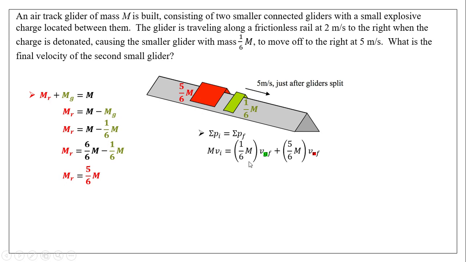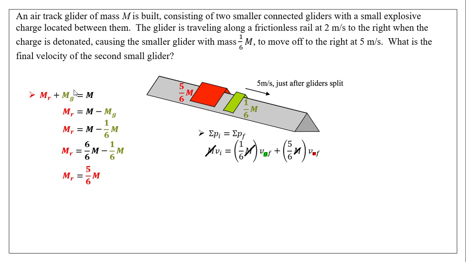After the detonation, you have two objects moving. Here, 1/6 of M is given to be moving to the right at a rate of 5 meters per second. We already found the remaining mass, which is the mass of the red glider, which is 5/6M. The only term I don't have here is the final velocity of the red glider, which is essentially what the question is looking for. So let's go ahead and cancel stuff out.